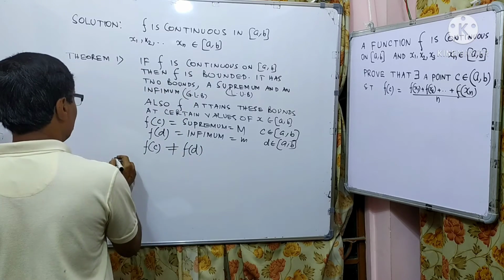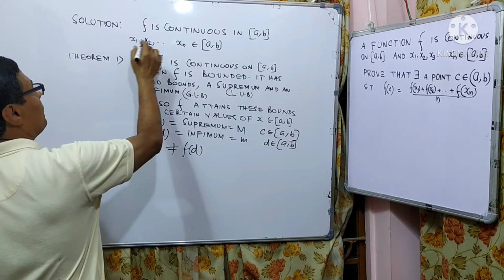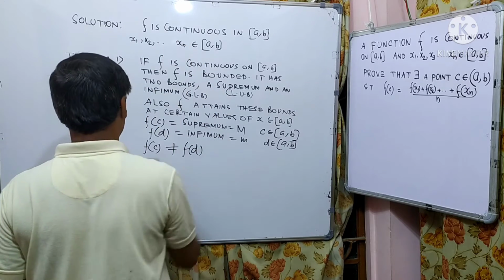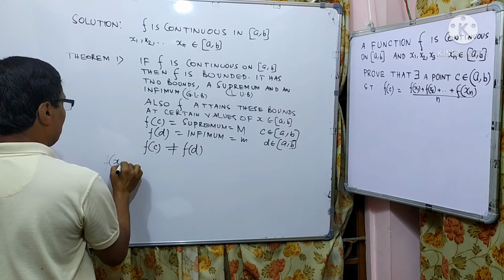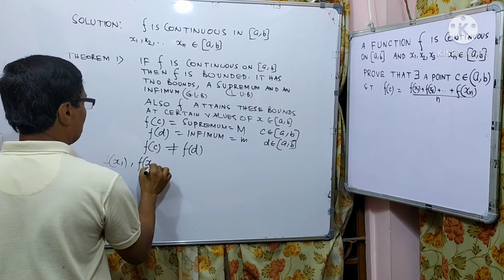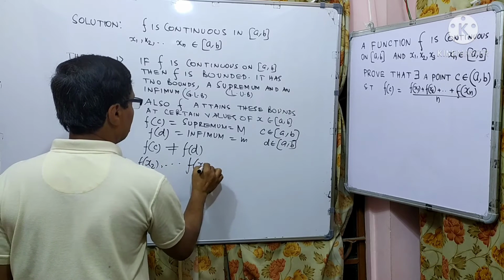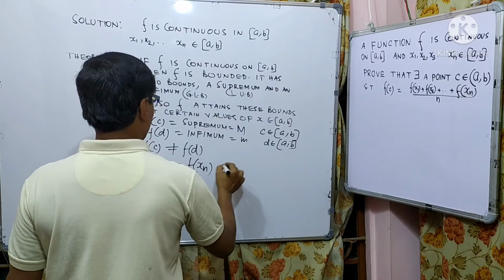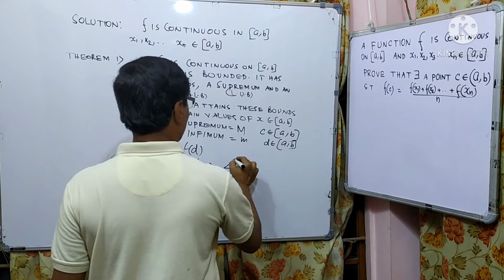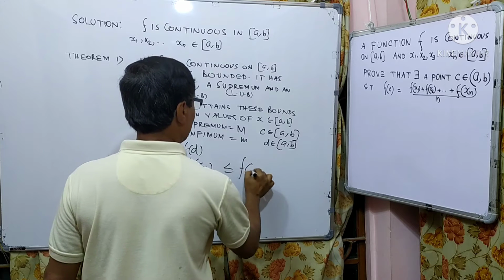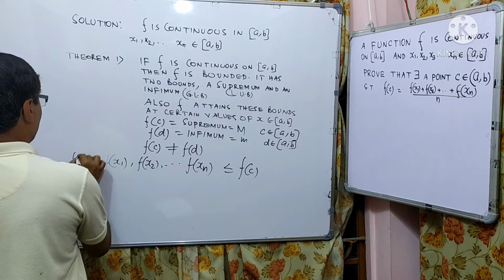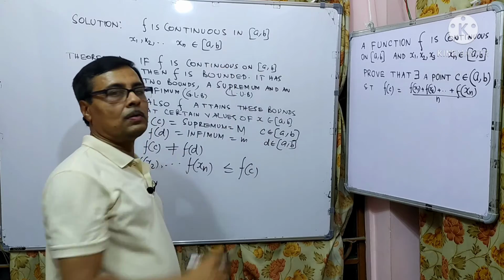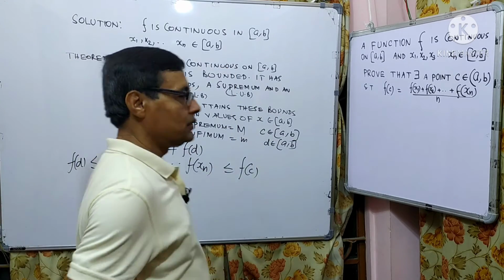At x1, x2, x3, ..., xn, the functional values f(x1), f(x2), ..., f(xn) lie between these two bounds, that is, less than or equal to f(c) and greater than or equal to f(d), because these are the two bounds of this function in this closed and bounded interval [a, b].